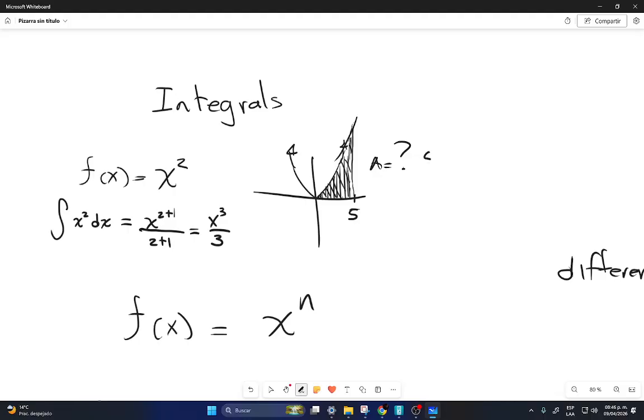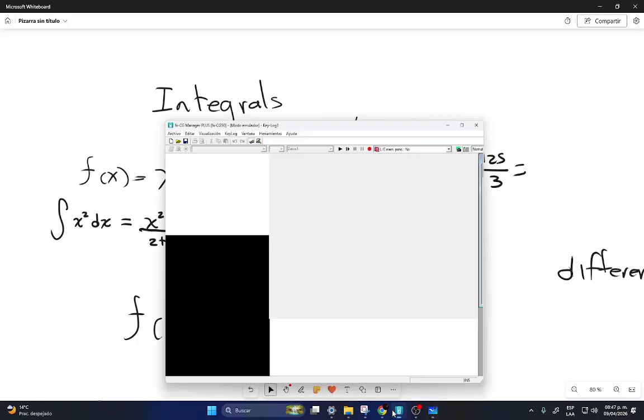It will be 5 to the power 3 over 3. And 5 to the power 3 is 125. And 125 over 3 is not divisible by 3, so let's leave it like that. Okay, this is the value. We can make an approximation.